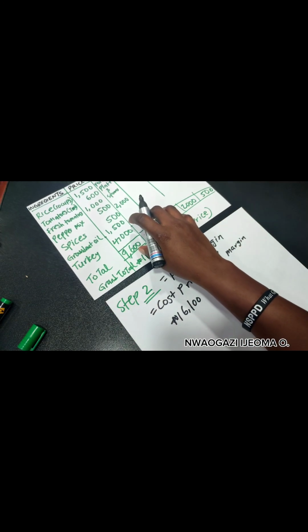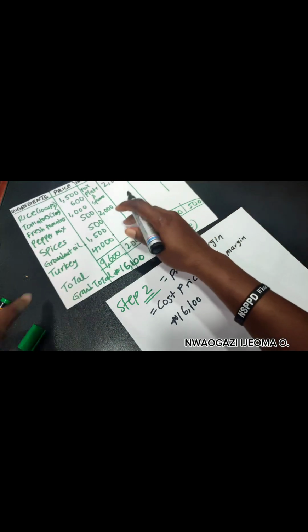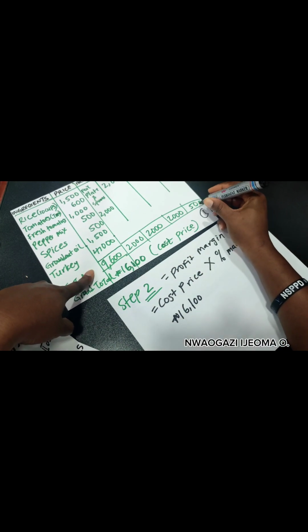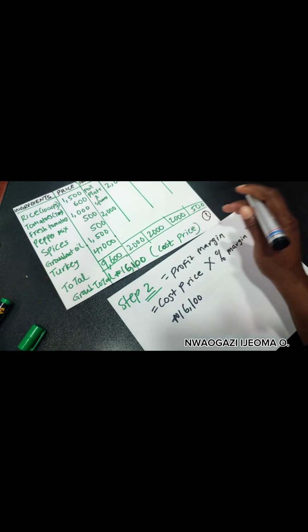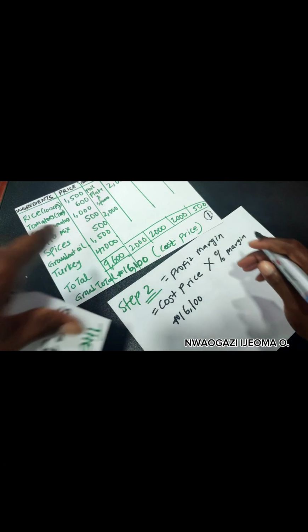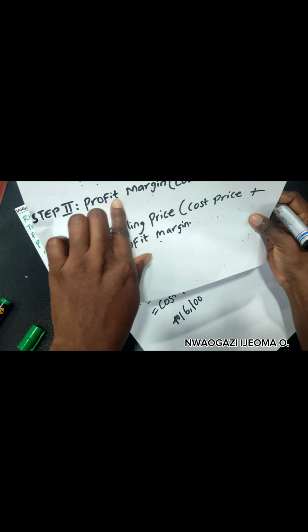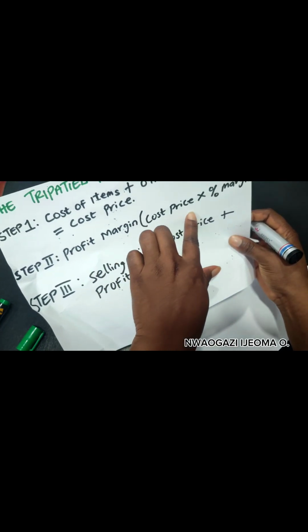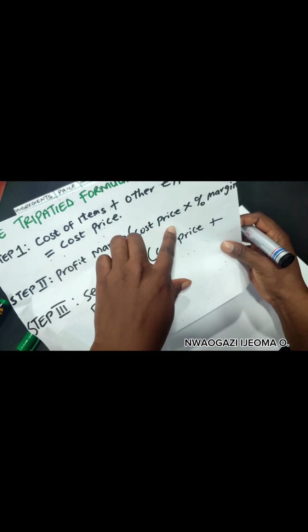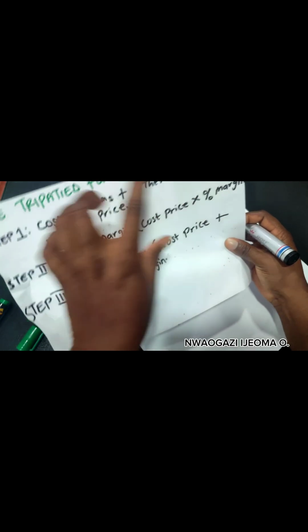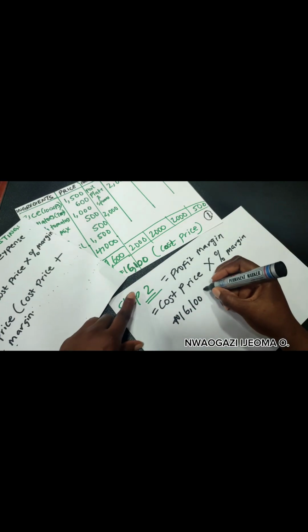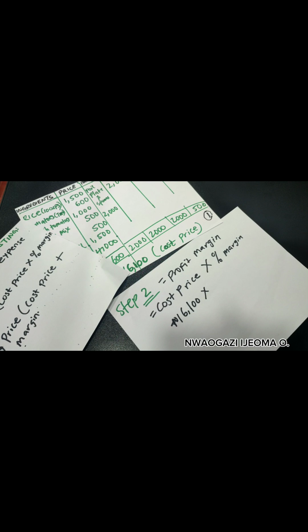This is our step 1, right? So our cost price is 16,100. Then in step 2, we are looking for the profit margin. To get the profit margin is cost price times percentage margin. This percentage margin is what you will decide on your own.